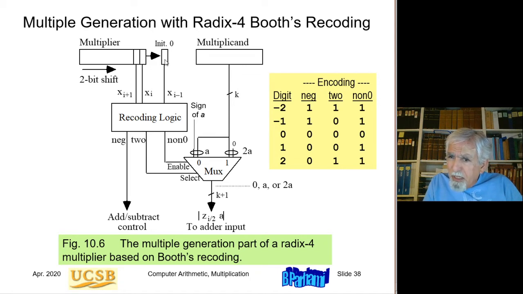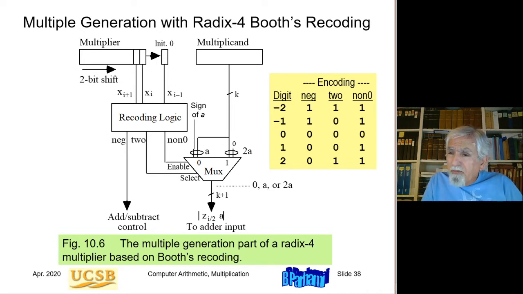The previous bit is kept here because I need that context as part of the recoding. So the recoding is done for xi plus 1 and xi, taking the context xi minus 1 into account. And then according to the table, the digit generated by this recoding logic is one of these 5 values: -2, -1, 0, 1, and 2.